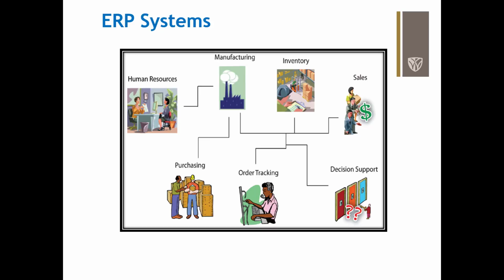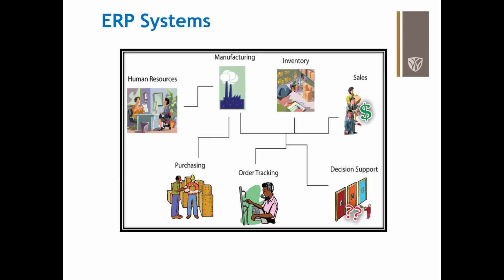So an ERP system, typical ERP system, might have one module that looks after human resource management needs. So that would be things like keeping track of our employees, their dependents, the benefits they've selected, that sort of thing. We might have an inventory control system or module that keeps track of all of our work in process, all of our finished goods, all of the inventory that we have ready for sale.